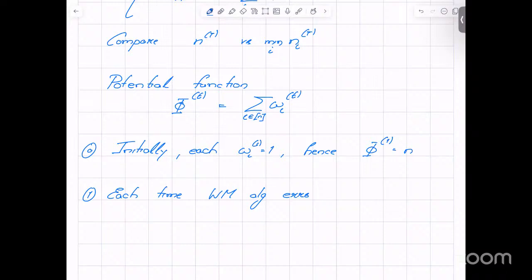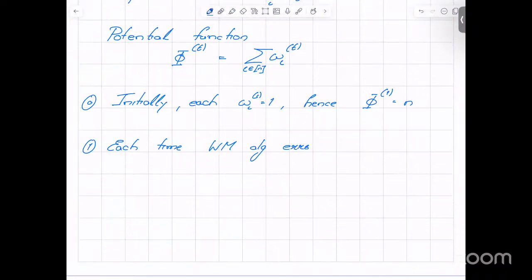So in this case, phi^(t+1) is certainly less than or equal to phi^t. Possibly half of it doesn't change, but the other half gets reduced by half. Do you agree with this?